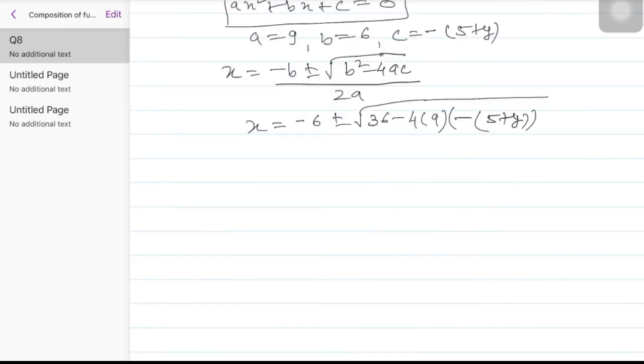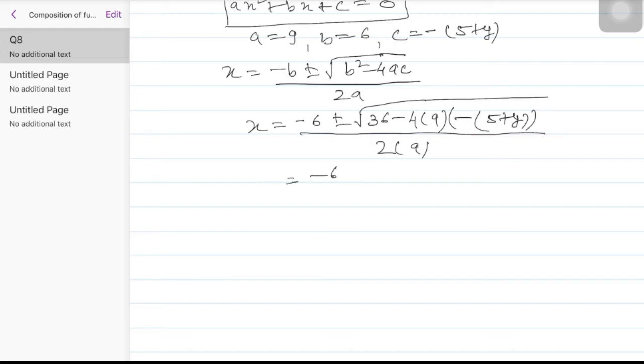Now substituting the value of a, b, c in the quadratic formula, we'll get this. b is 6, c is minus of 5 plus y, a is 9.